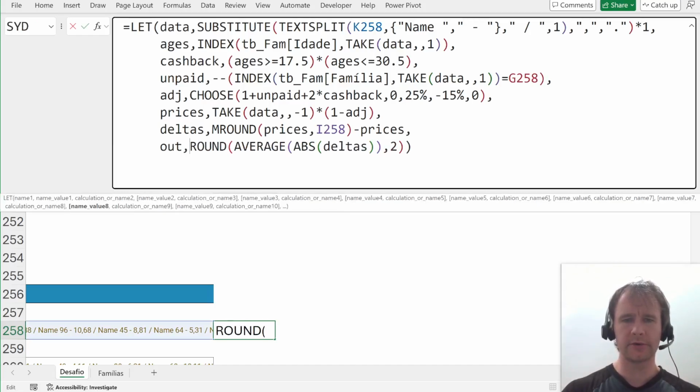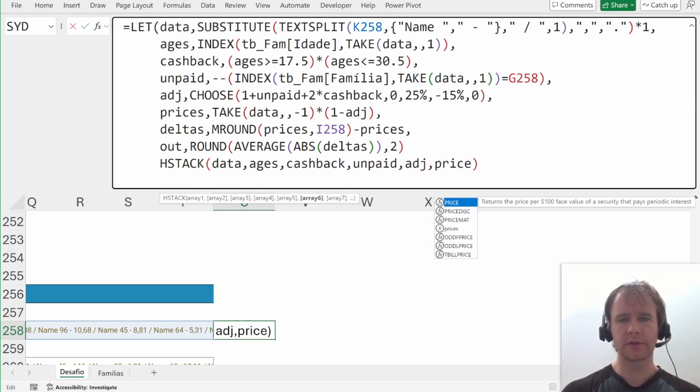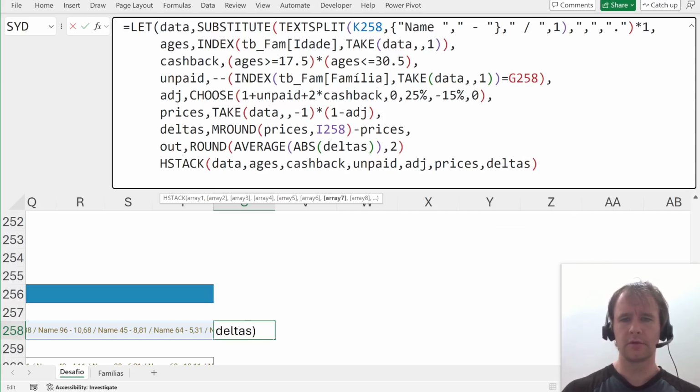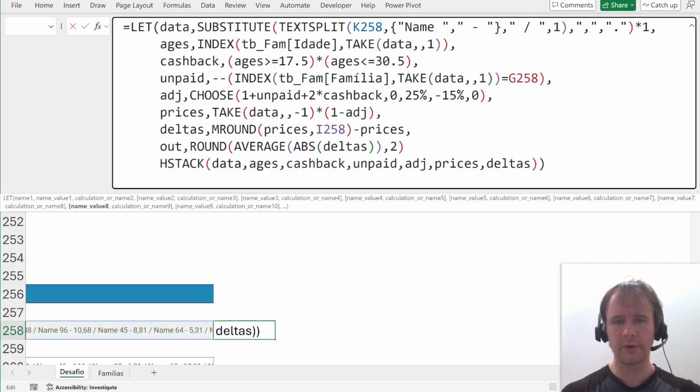So I'm going to call this out and should really have built this over more cells anyway, but never mind. So we're going to HStack. I want data, ages, cashback, unpaid, age, prices, and deltas. There are too few arguments for what now?